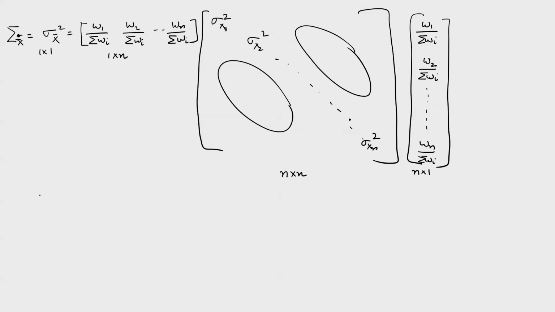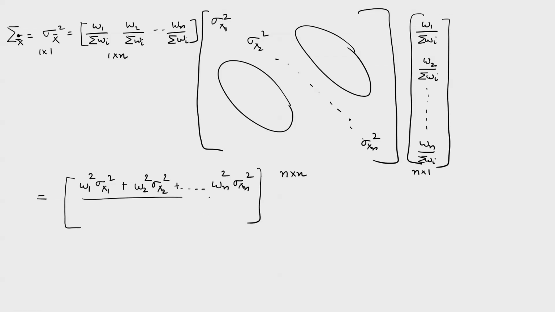If I multiply, what will I get? W1 square sigma x1 square plus W2 square sigma x2 square and Wn square sigma xn square divided by the square of the sigma w, right.